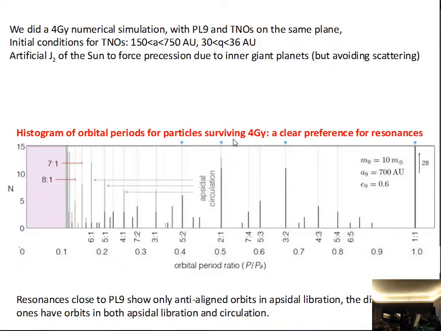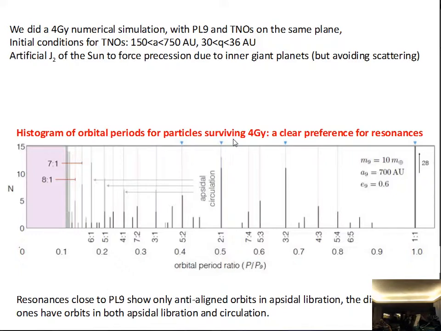The outermost resonances, so the resonances closest to Planet 9, like 2-1, 3-2, 4-3, 1-1, and so on, all these stable resonant objects have the perihelia in apsidal libration around the perihelion of Planet 9, and this apsidal libration is around 180 degrees. So they do form this cluster.